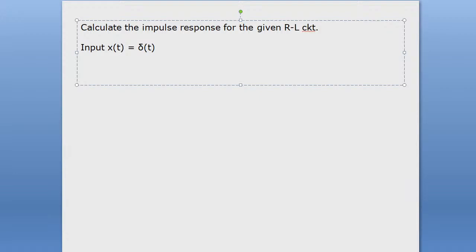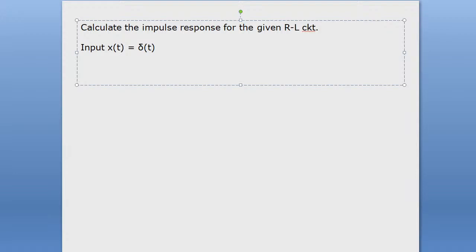Now the input is delta of t, that means the delta function is equal to 1 for t equal to 0. You know it. Now you calculate it yourself because I have already derived the step response for the RL circuit. Now you calculate the impulse response.